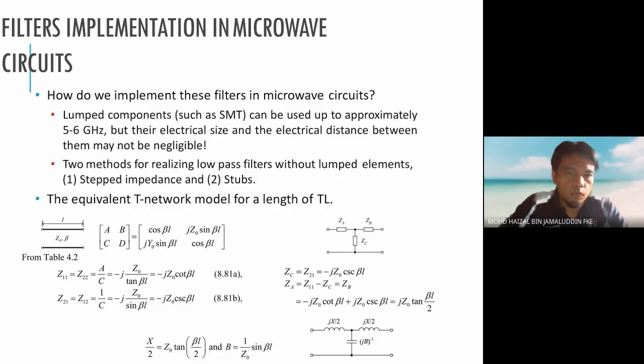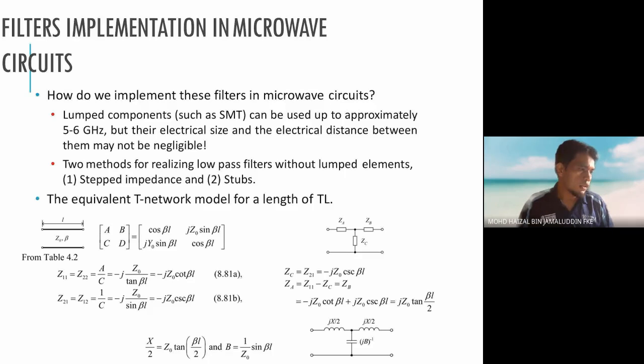Before we go any further on the step impedance design, we have learned about filter design, especially using the lumped element, which is using the RLC: inductor, capacitor, and resistor.